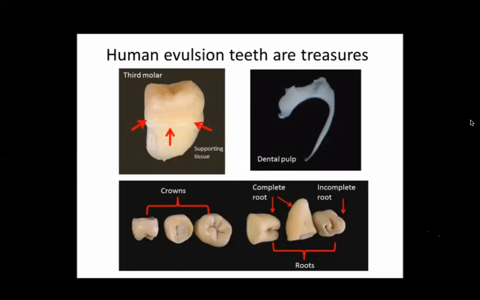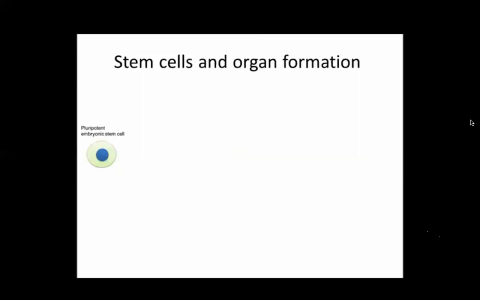Here, I will talk about the current research on oral stem cells. Before we talk about oral stem cells, let's take a look at stem cells and organ formation. In an organism, all the tissues are built from pluripotent and multipotent stem cells.